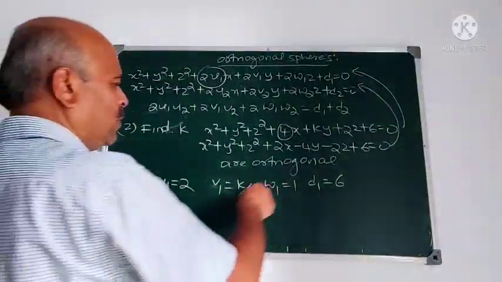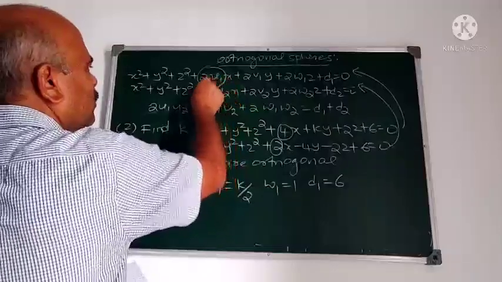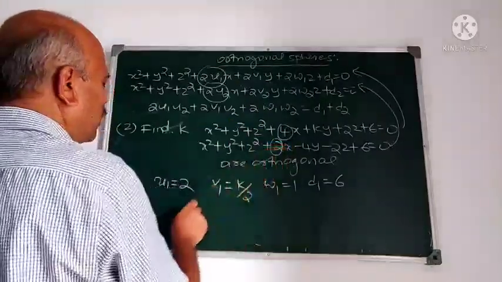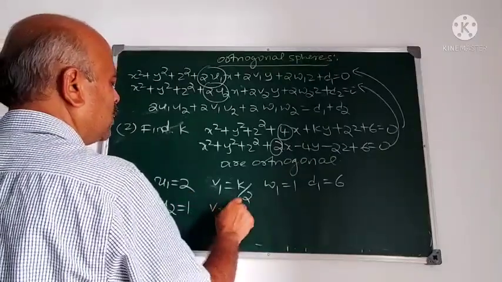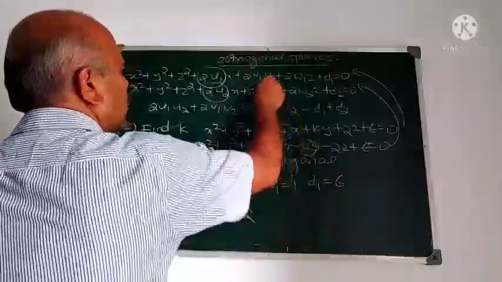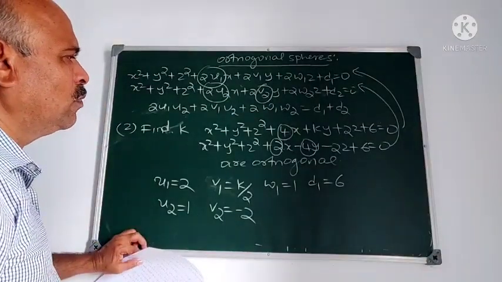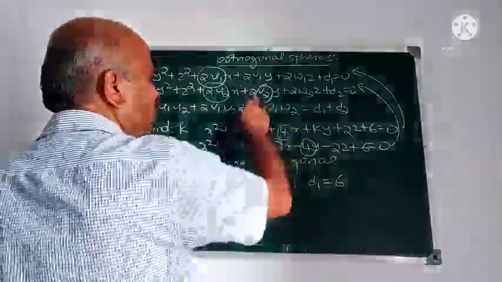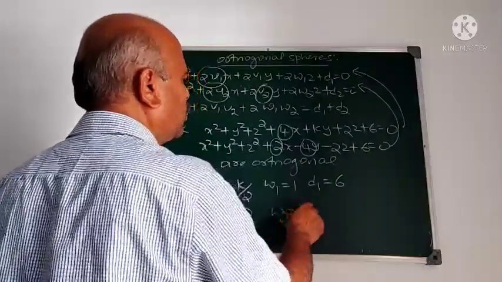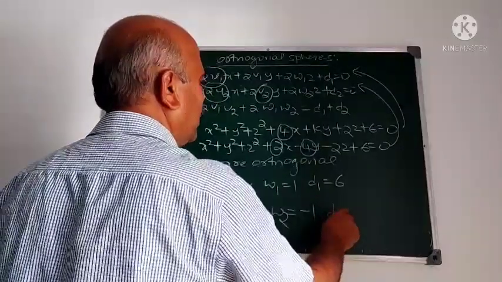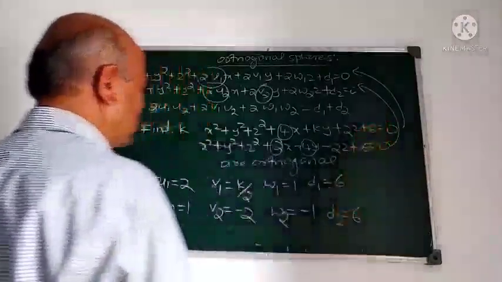Similarly, u2 means the coefficient of x here, which is 2, therefore u2 is 1. The coefficient of y is 2v2, and 2v2 is minus 4, therefore v2 is minus 2. w2 is minus 1 and d2 is 6. d1 is 6, d2 is also 6.